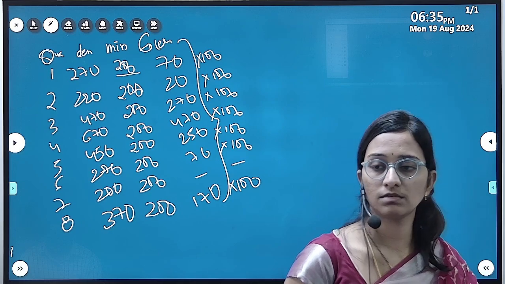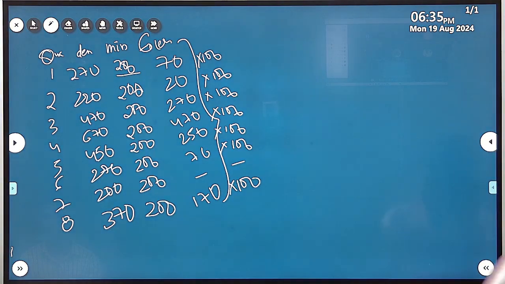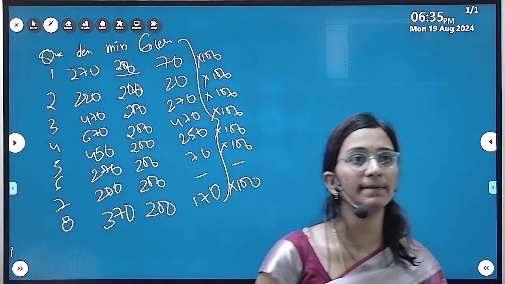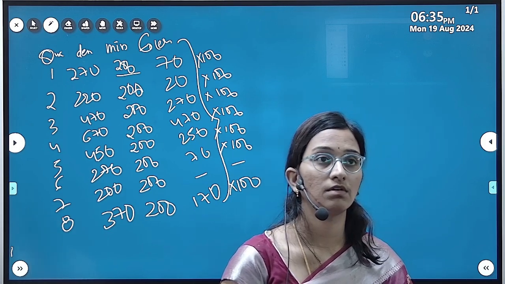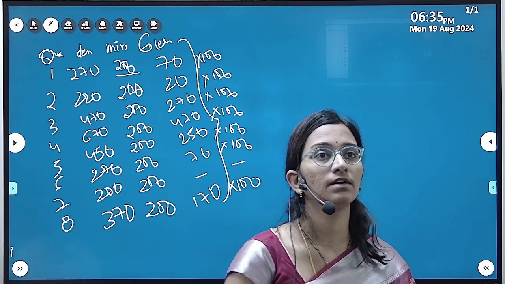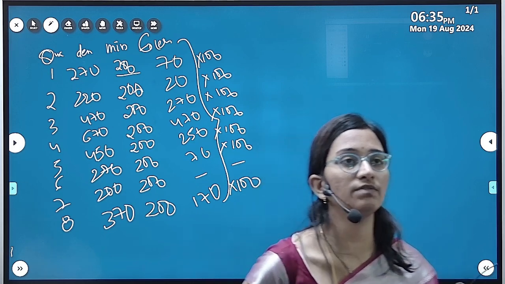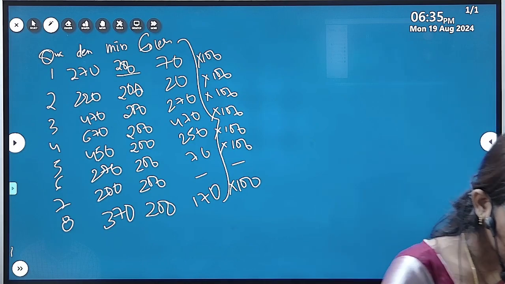Plan 2, how? Online, can anyone tell me how they are choosing plan 2? Yes, it is costing the least. The cost is the least, so that is why we are choosing plan 2.